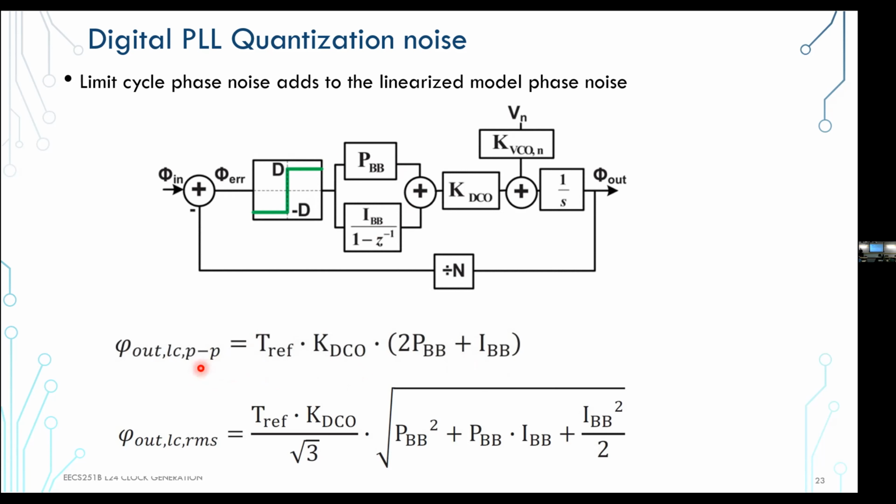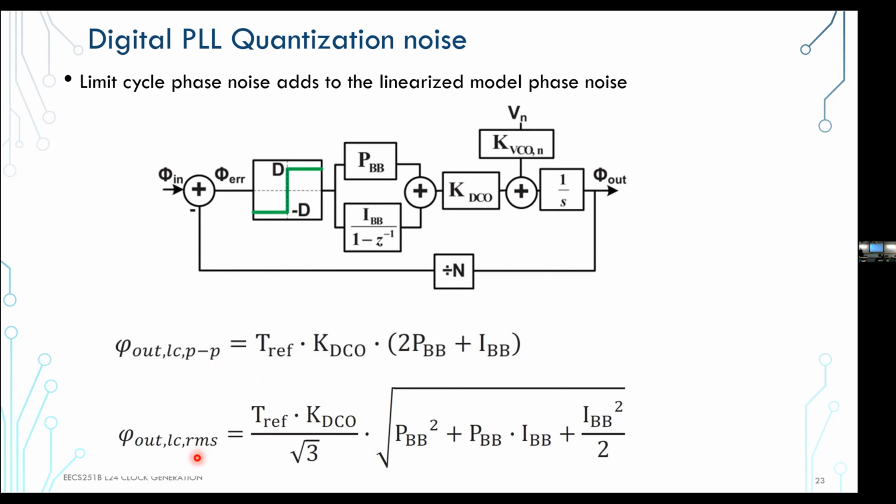And because this is peak-to-peak, I can assume, as with any quantization error, right, that if this is delta, the RMS will be the square root of delta squared over 12. So you're going to get essentially this as the RMS. This is essentially this squared over 12, right? And a square root of all that, right?